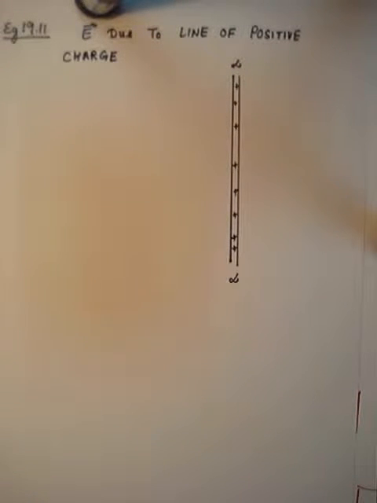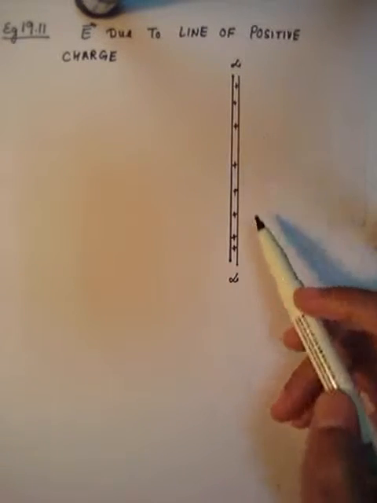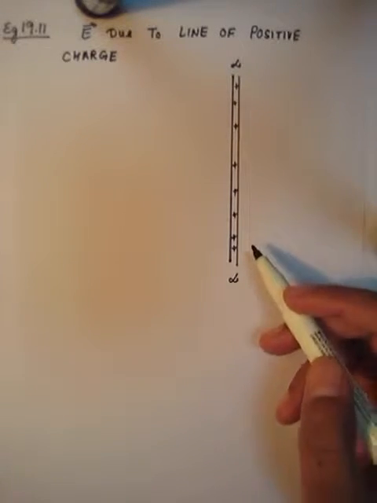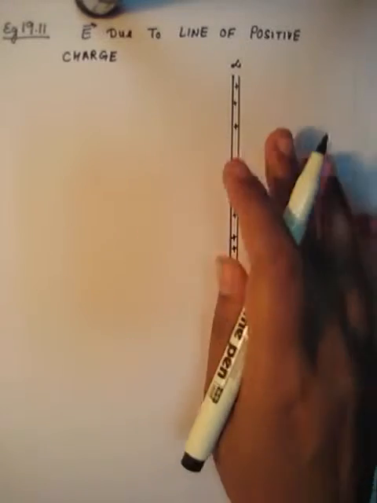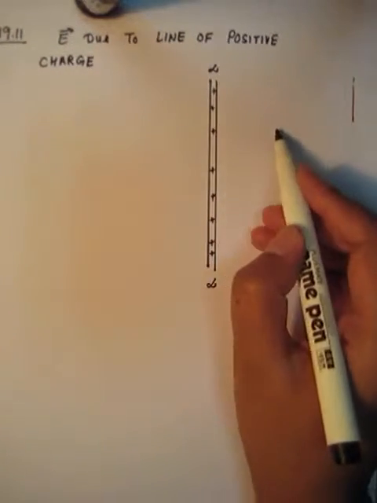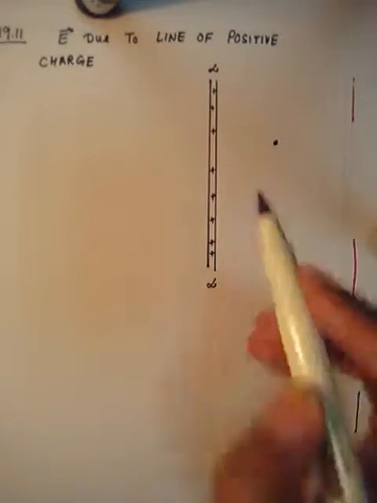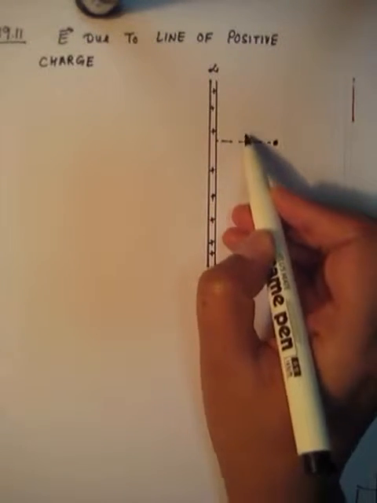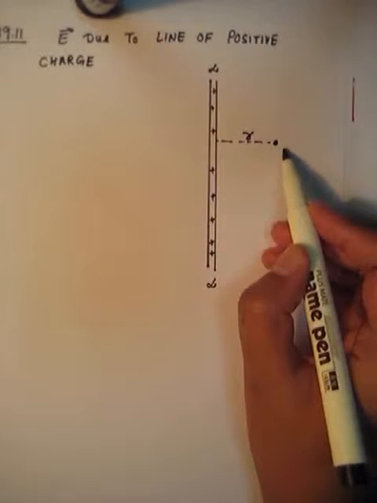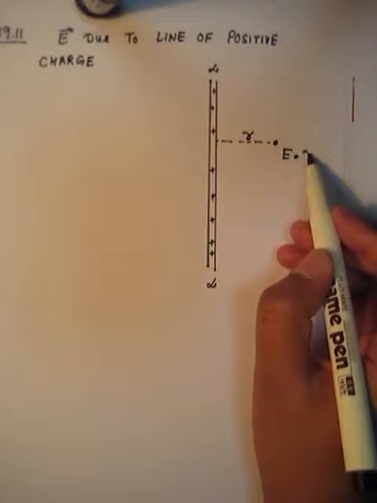Now we're going to find out the electric field due to a line of positive charge. It is an infinite wire which is positively charged, and at a certain point, at a distance r, you need to find out what is the electric field.